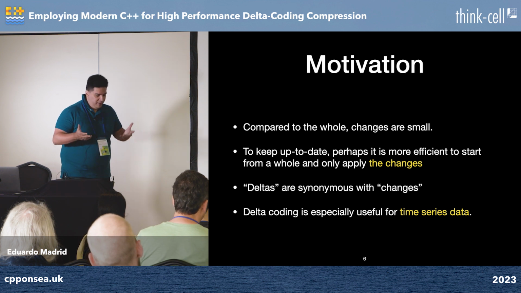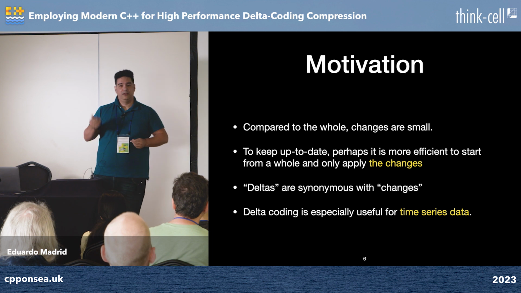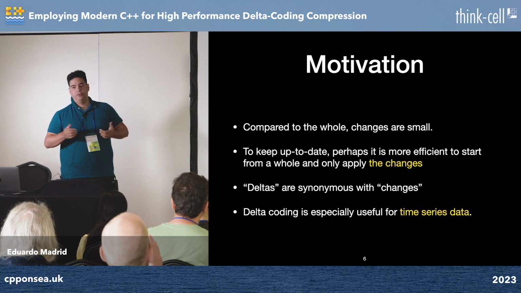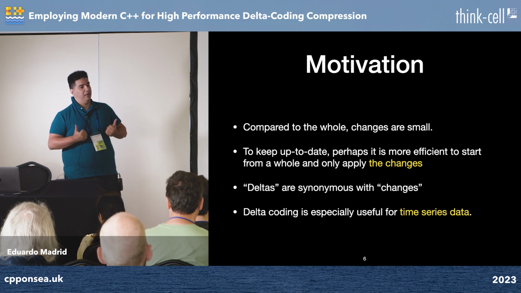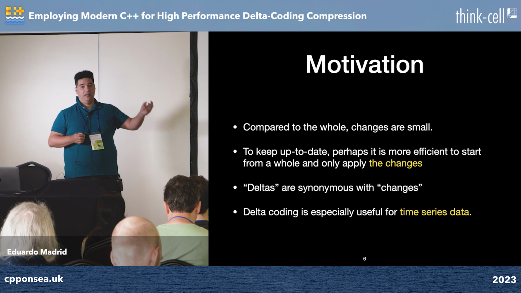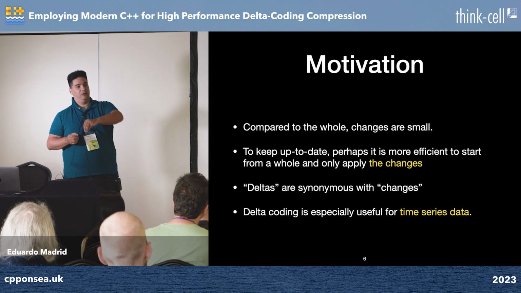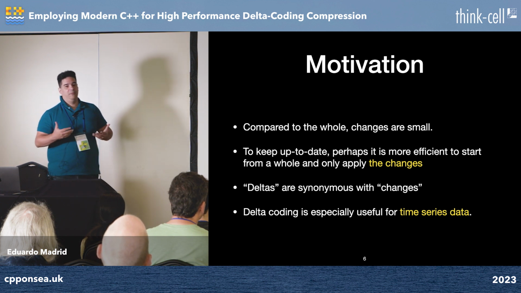So let's motivate delta coding. What we're aiming to do is to create algorithms to compress the data of our applications in a way that is very easy to implement, effective, and has really great performance. So let's see why we might be able to do that.